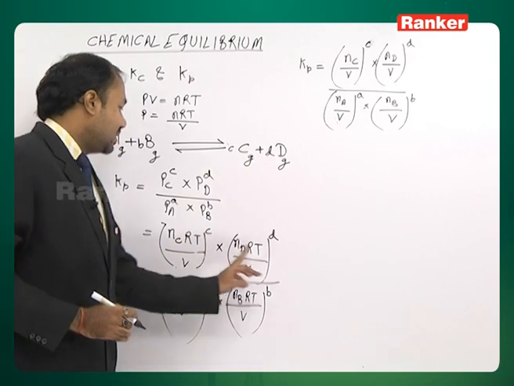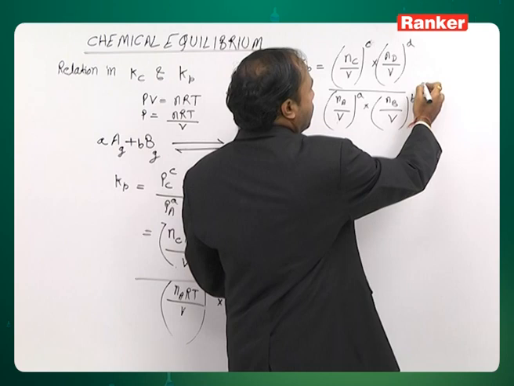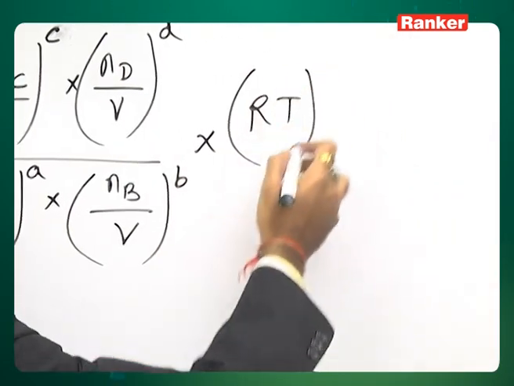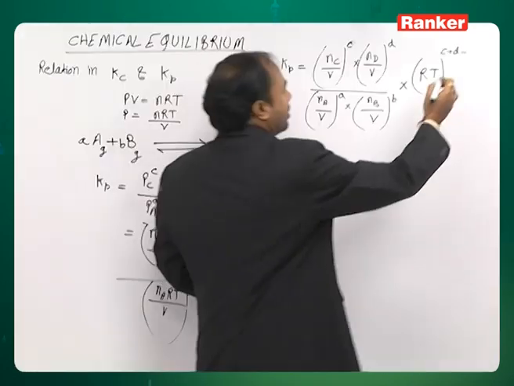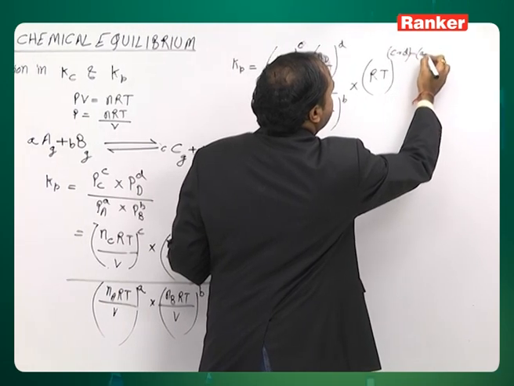Here we take RT as common, and this becomes into whole RT whole power c plus d minus a plus b.